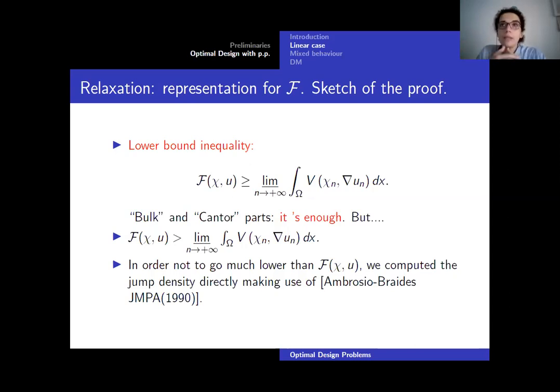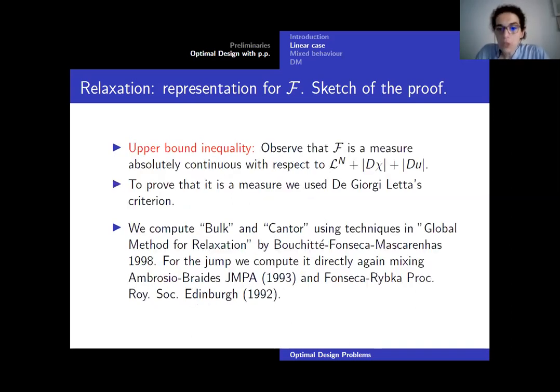I mean, let's say the part where there is discontinuity, where we are essentially across the interface of chi. And there it was really useful understanding how functions with finite perimeters behave. And this has been very well established now 30 years ago by Ambrosio and Braides. And we were deeply using their description, the properties of those functions.